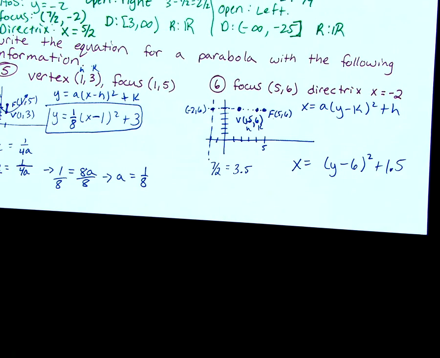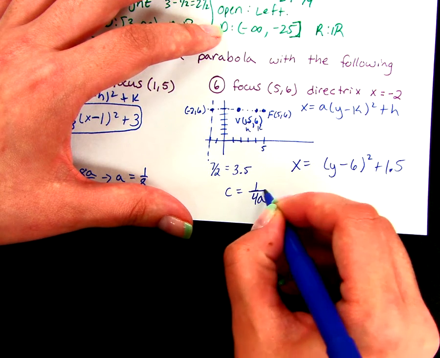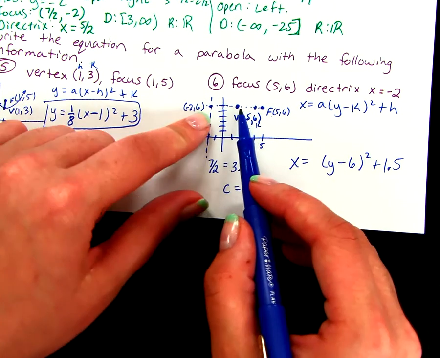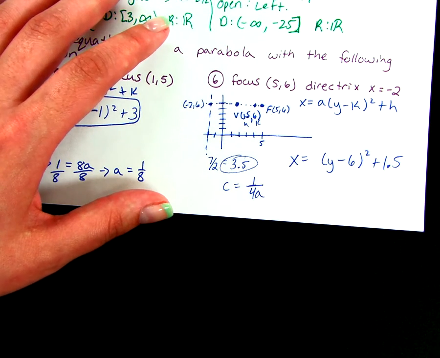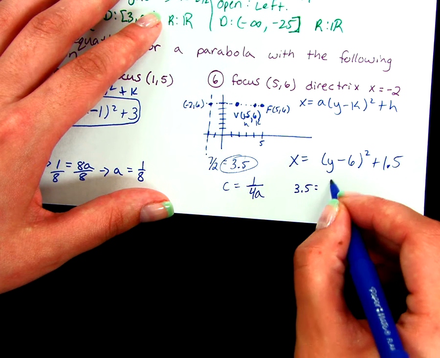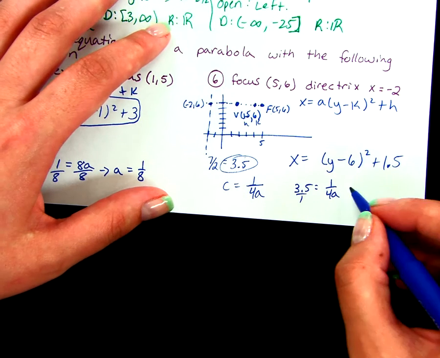Now we need to figure out a. Again, we know that c is equal to 1 over 4a. Our c value is the distance from either the vertex to the focus or the focus to the directrix, which we know is 3.5. So we set 3.5 equal to 1 over 4a. If I put that over 1, we can cross multiply.